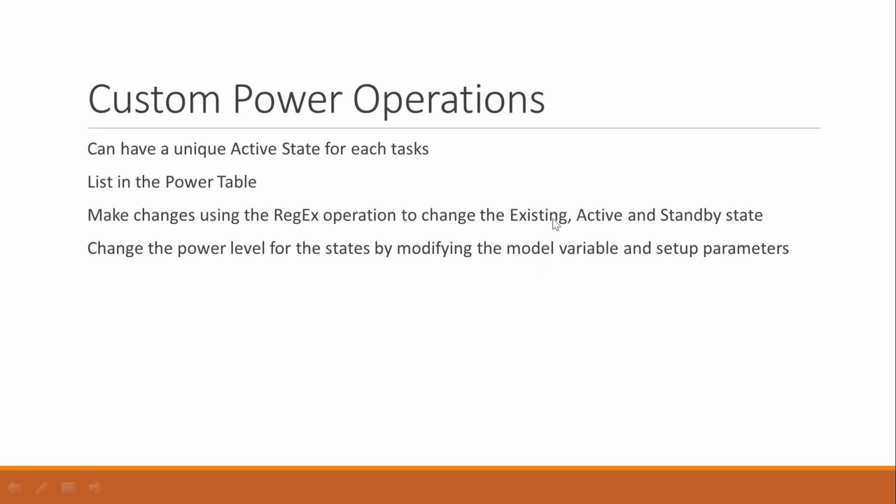All you do is these 3 things: existing on and off state parameters in the manager setup. You modify those to figure out which is your current active state and which is your present state. The other aspect is you can actually change the power level. For example, I can change the LDO efficiency, which will change the amount of power consumed by a device.